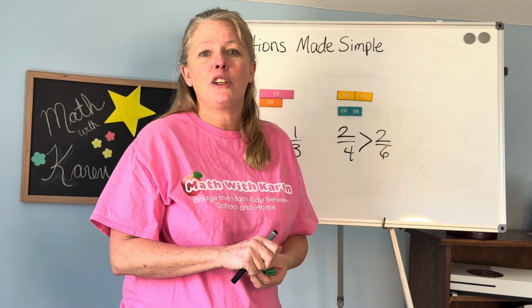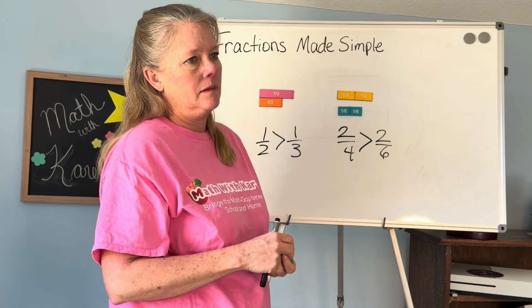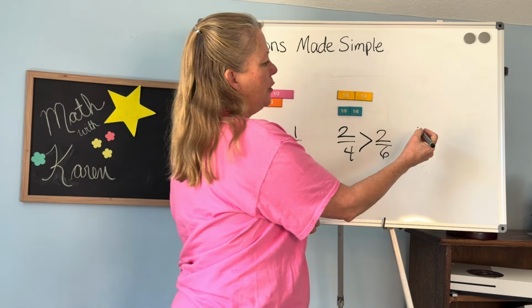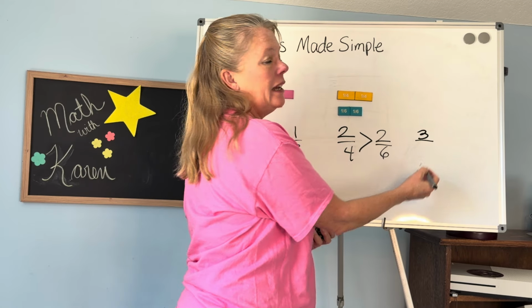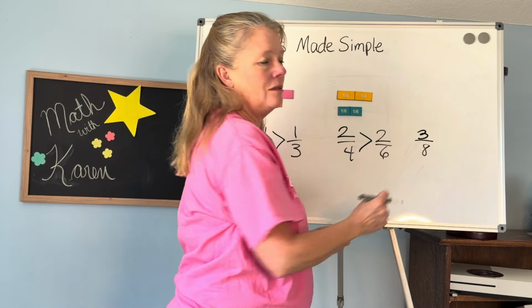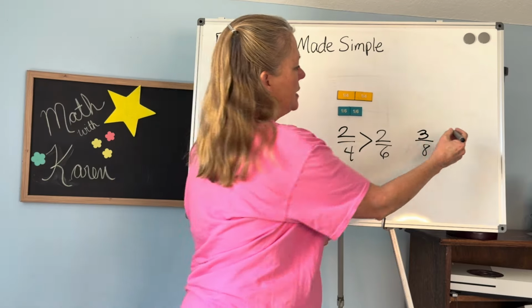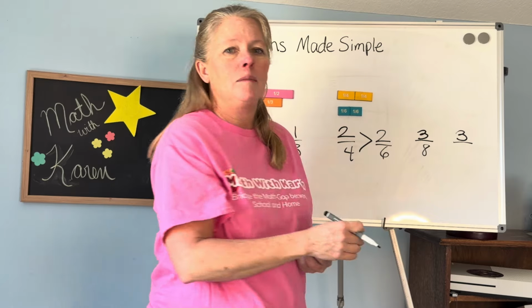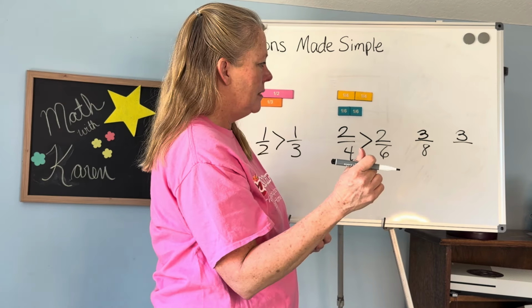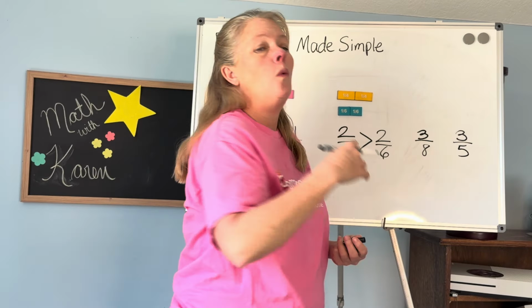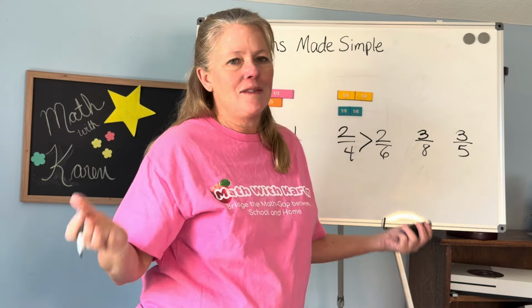We each eat 3 pieces. So I broke mine into 8ths. I ate 3, and the size of my pieces is 8ths. You have eaten 3 pieces. We're counting the pieces you ate, but the size of your pieces is 5ths. One of us ate 8ths and one of us ate 5ths.